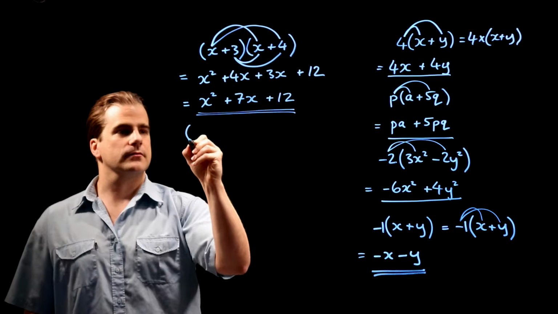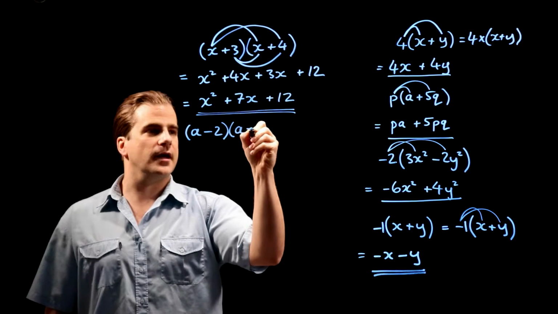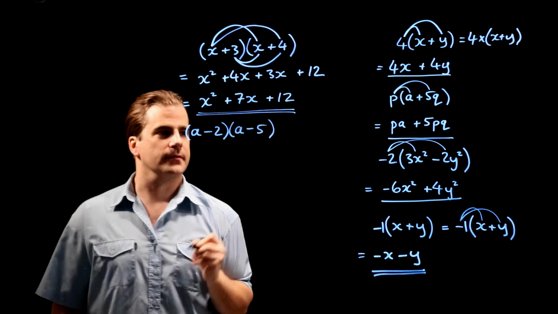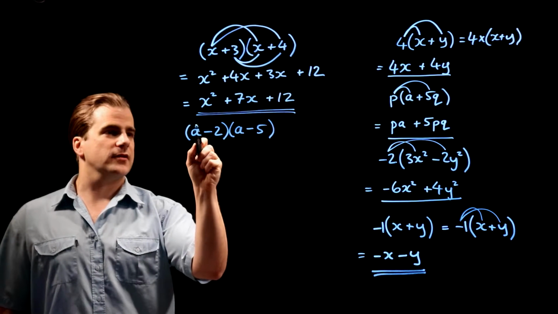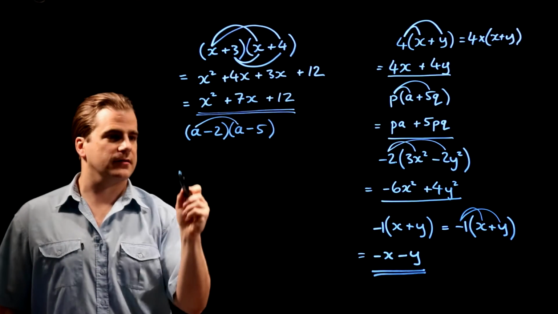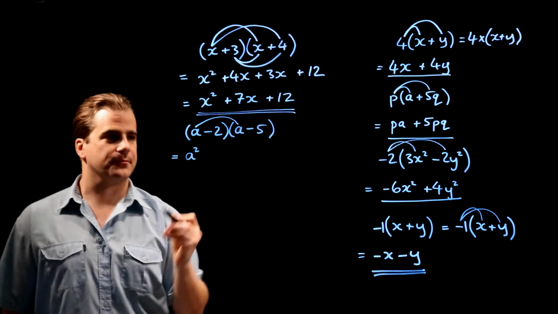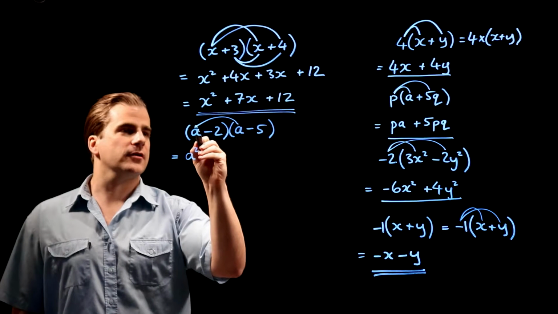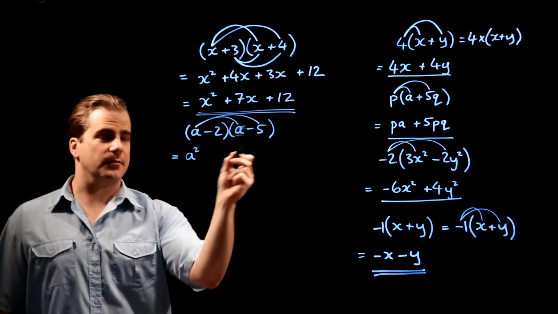Let's do a minus 2 times a minus 5. Okay, exactly the same thing. First we're going to do that times that. a times a is a squared. Now we're going to do that times that. So it's plus a times minus 5.